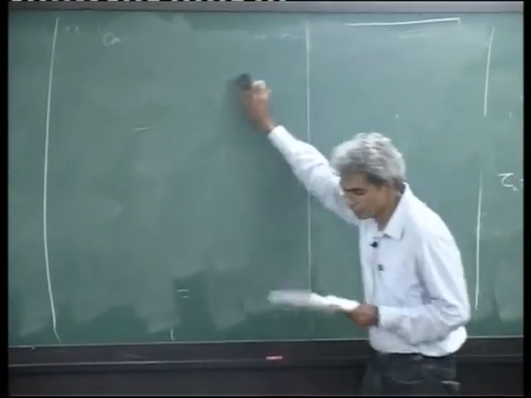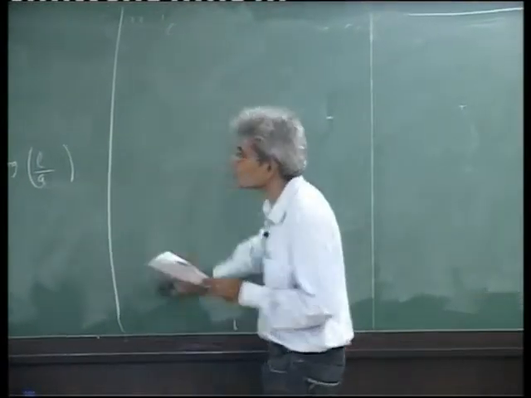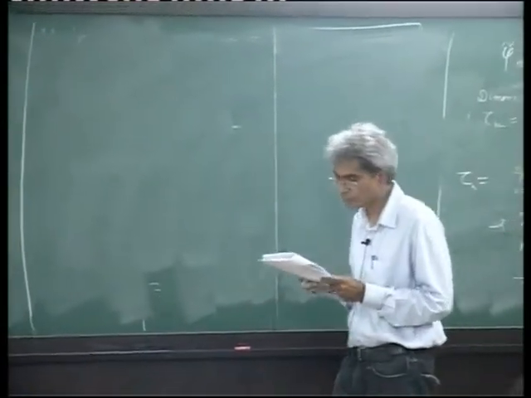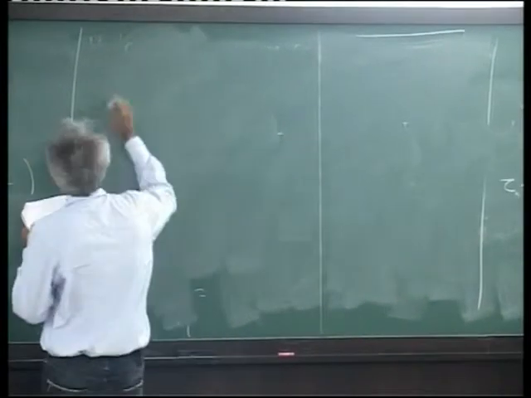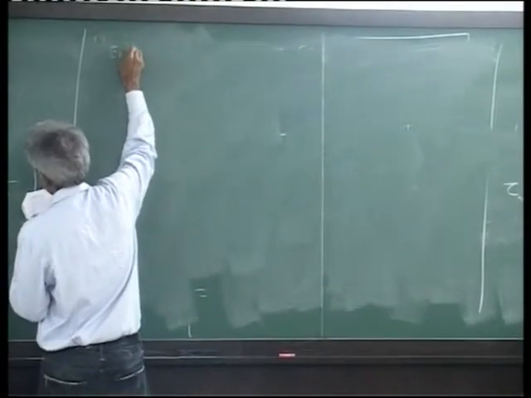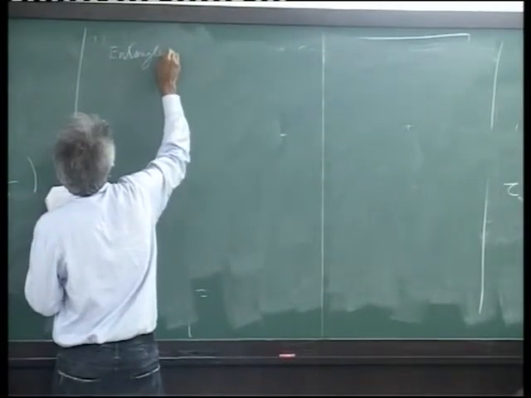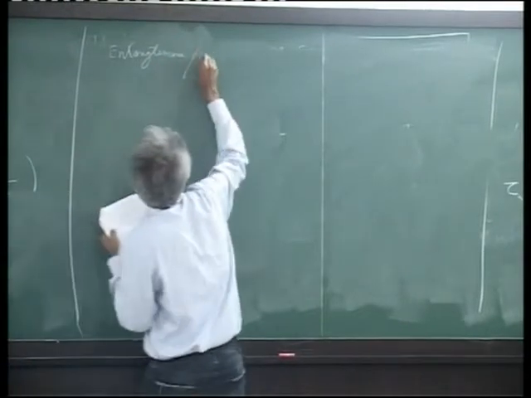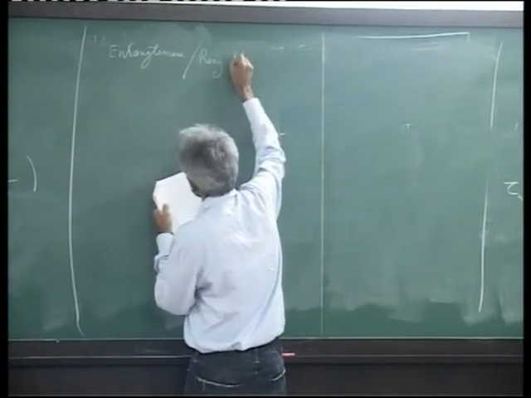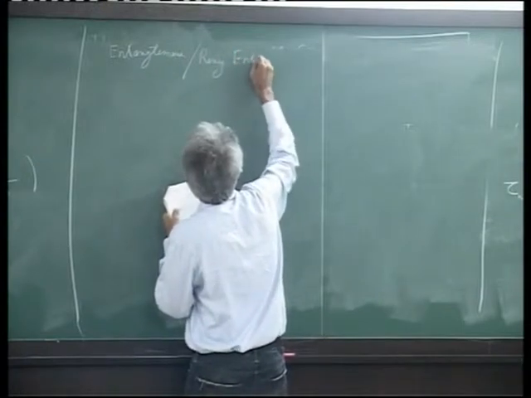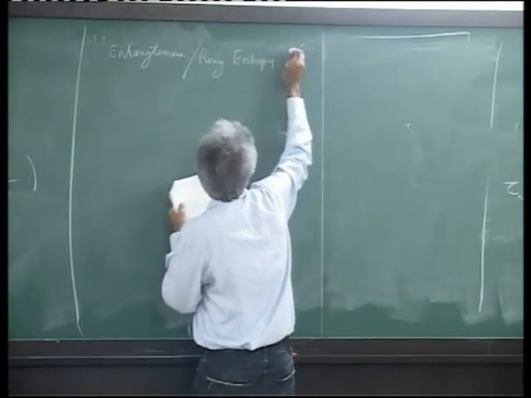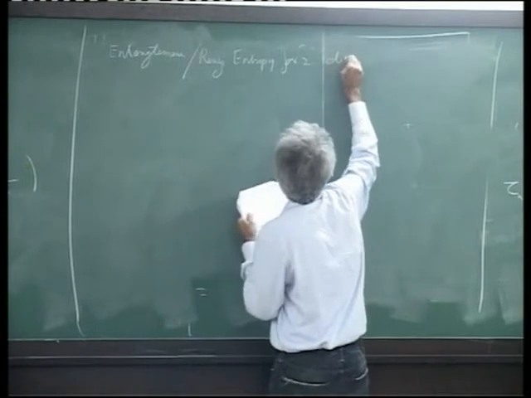So let me go ahead to the two interval case. Here conformal invariance plays a very important role. So, entanglement for two disjoint intervals.